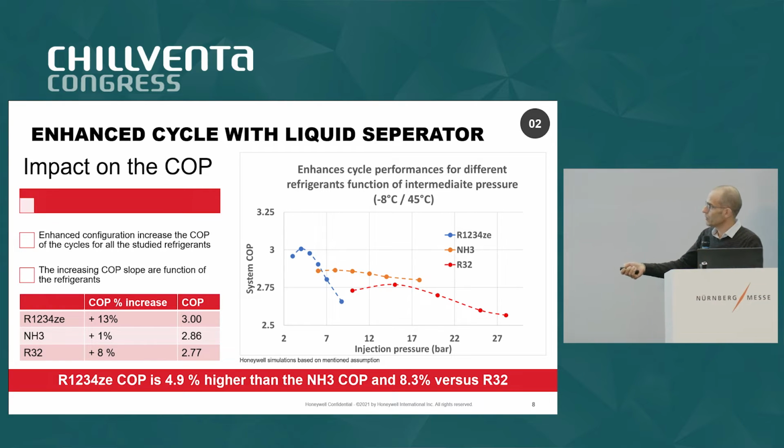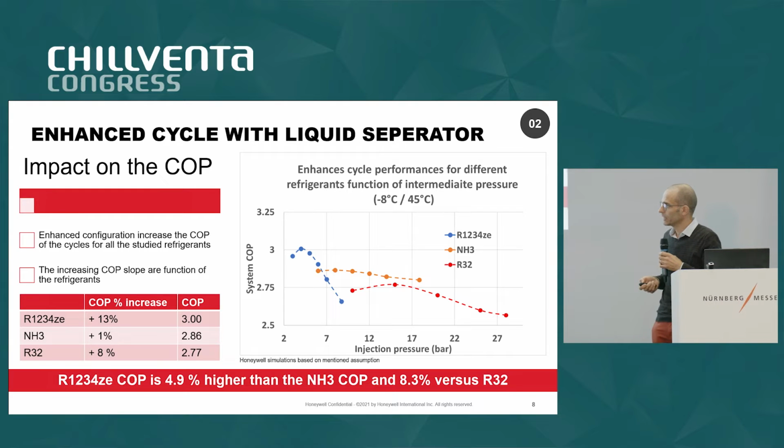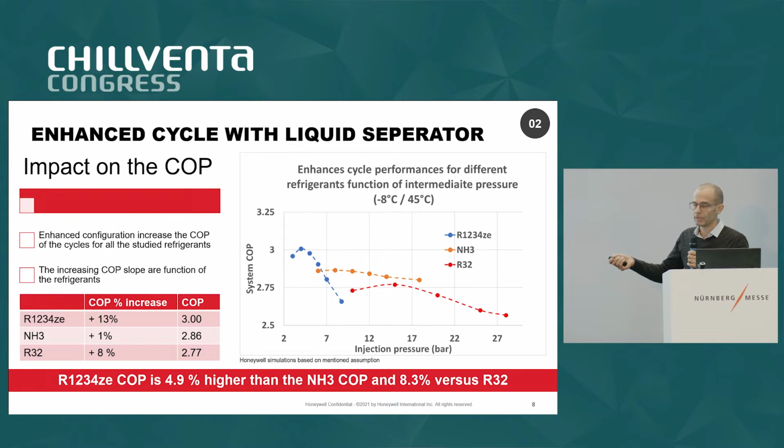If we take ammonia, we can get plus 1% increase of COP versus the reference cycle. And if we take Solstice ZE, we can get plus 13% increase in COP.